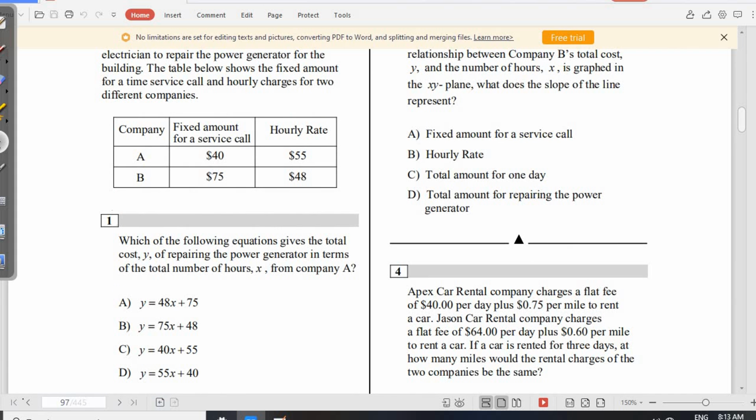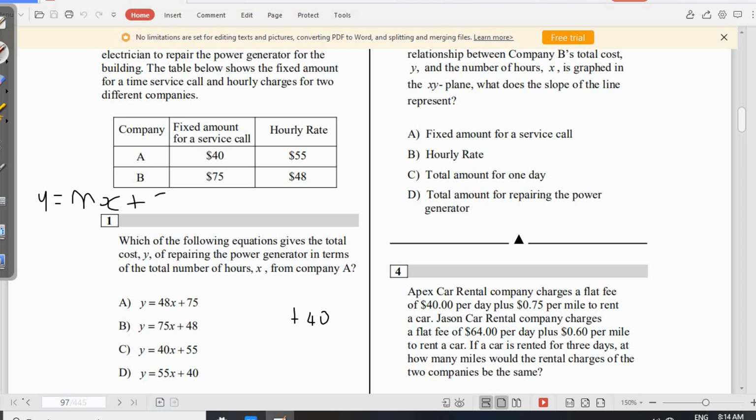So what we're going to do, we're going to look at this. For company A, since this is the fixed amount for a service call, we know it's plus $40. Since it's a fixed amount, this is a partial variation question where y is constant and then it varies.